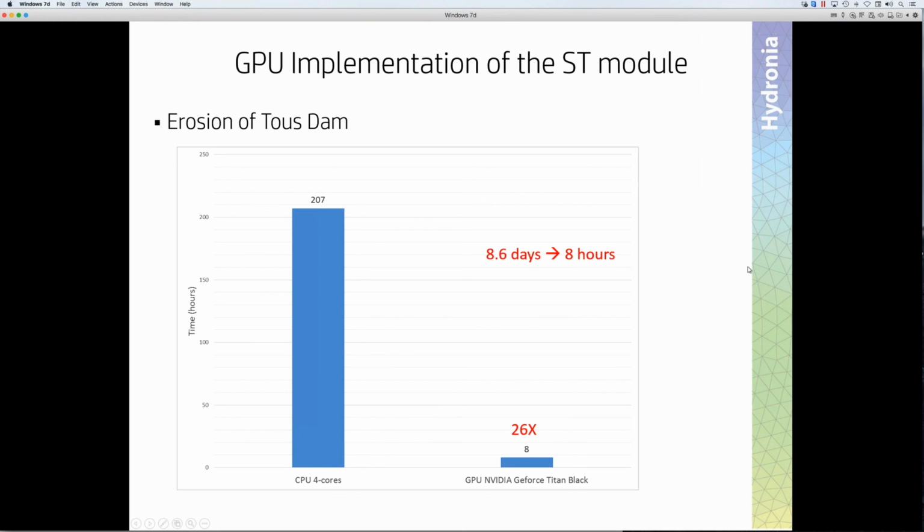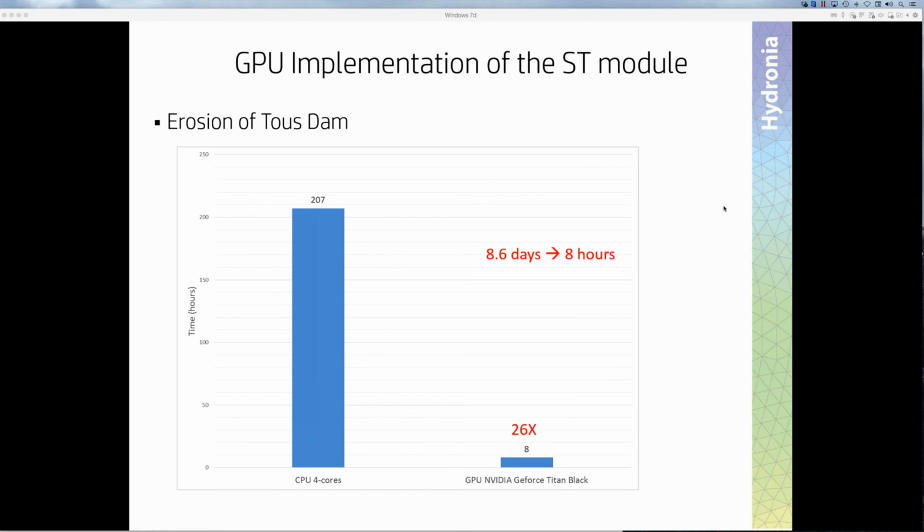Well, I think I ran out of time. Let me answer this last question here. Can I run the model on a computer cluster? Well, you can. If the cores are visible to the Windows environment, you can use that for parallelization. If the cores are not visible, then you will only be able to use the cores that are available to the operating system.